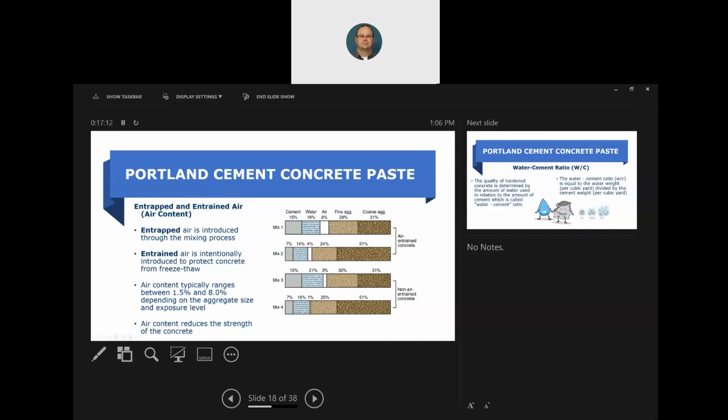As soon as we get over that, we really start seeing a massive strength decrease in concrete. Between here and here, usually about 7% is where we like to be in northern climates. That produces millions and millions of air bubbles. So when concrete gets wet or saturated because it's permeable, there's room for the water to expand and it won't break apart the concrete.